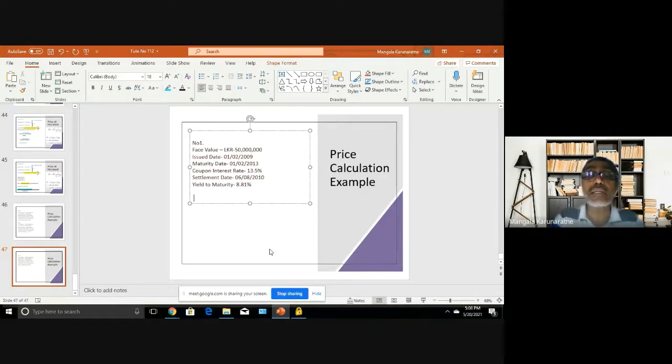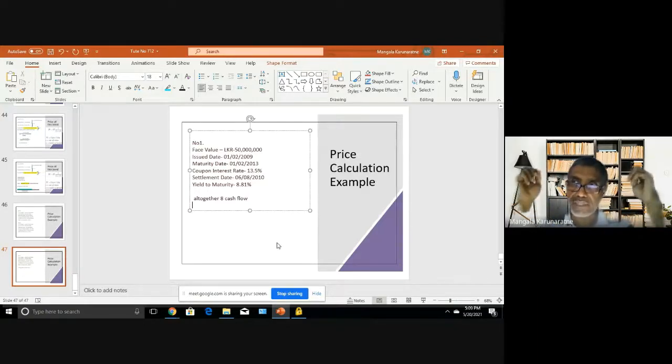Now it is 2009 to 2013, so 4 years, 8 cash flows. So how many cash flows have already gone, or how many cash flows are there in the future?